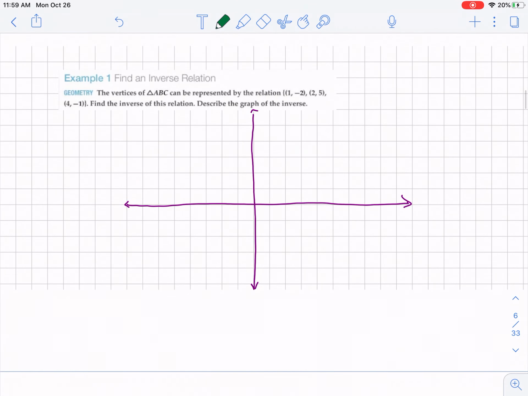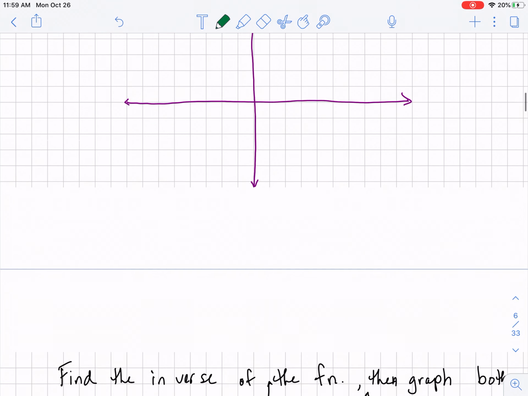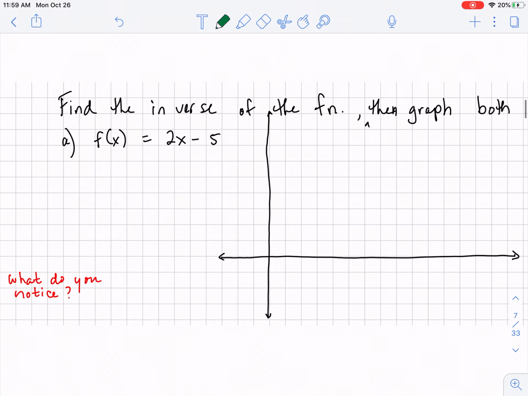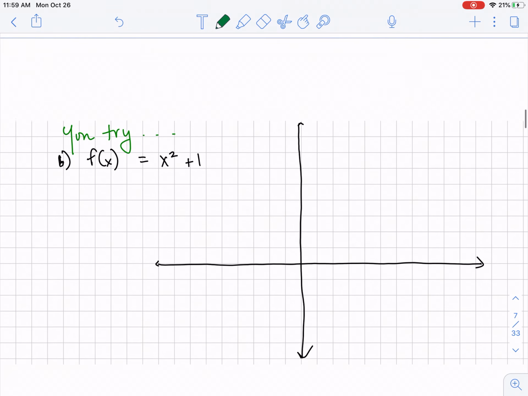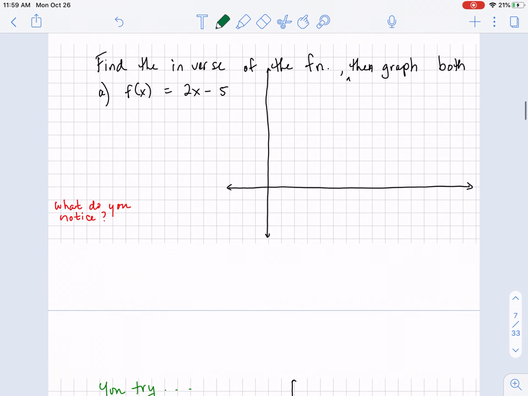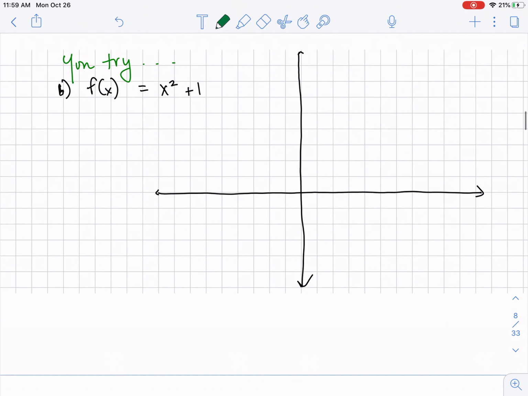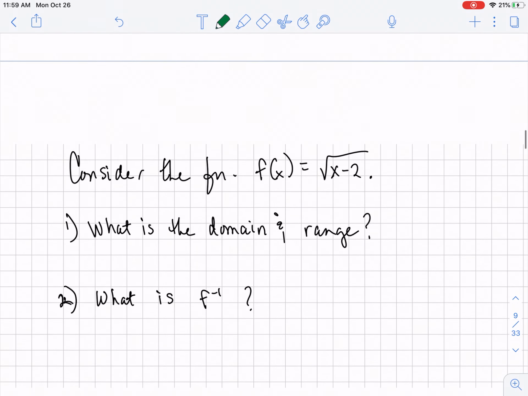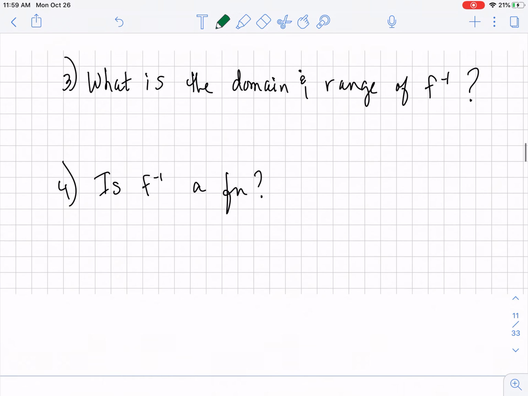You could draw the inverse of a graph, but I'm not going to do that. When you're finding an inverse of a function, you would switch up the x and y, and then you would solve for y. And if you remember, the graph reflects over the line y equals x.